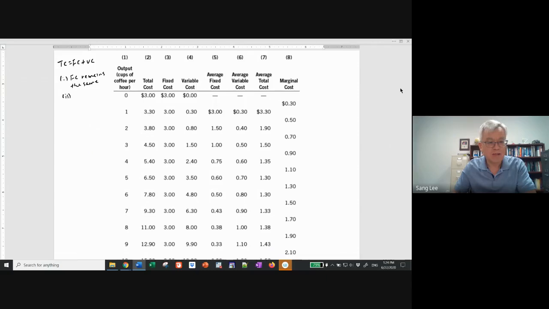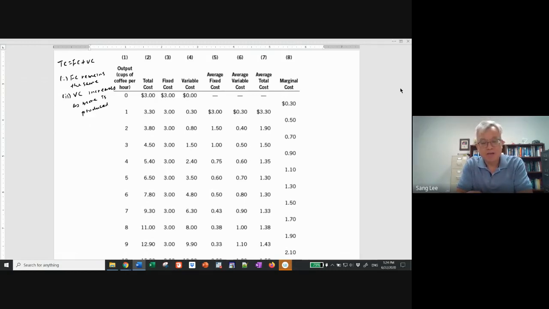And we also know that variable cost increases as more output is produced.